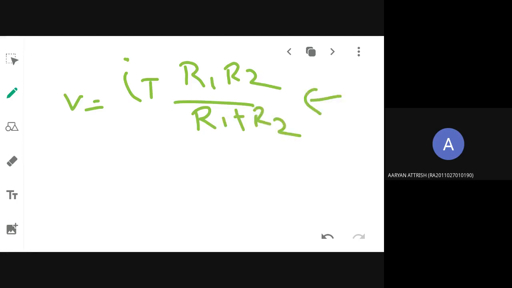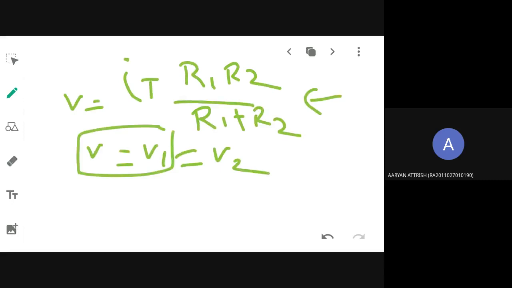Now, how can I relate all the voltages in this network? All the voltages are same or different? Same. So V will be equivalent to V1 is equal to V2. Now, if I am substituting in this formula, then what will be the answer? How can I write V1 by Ohm's law again?